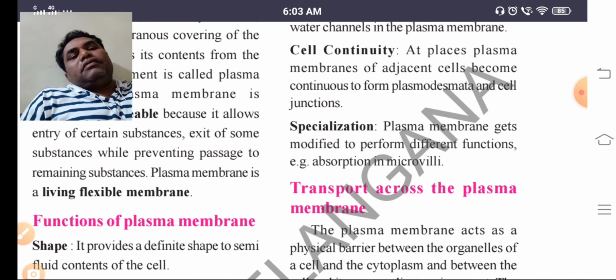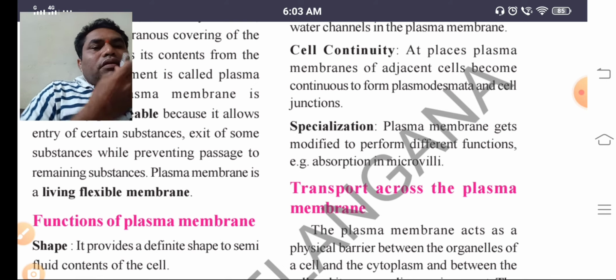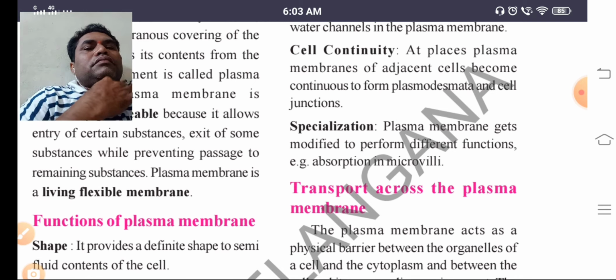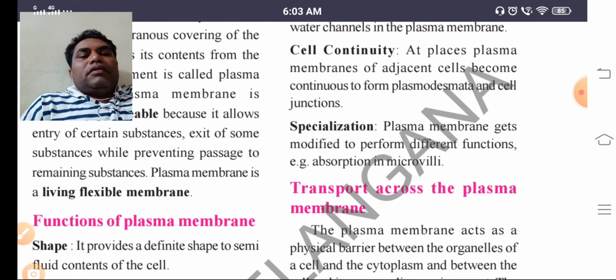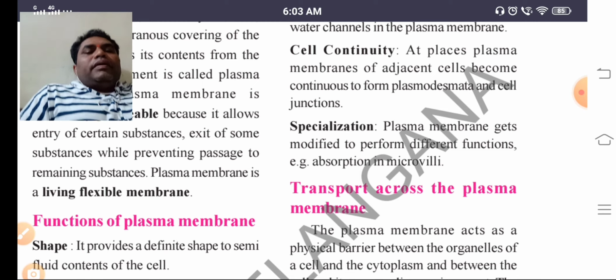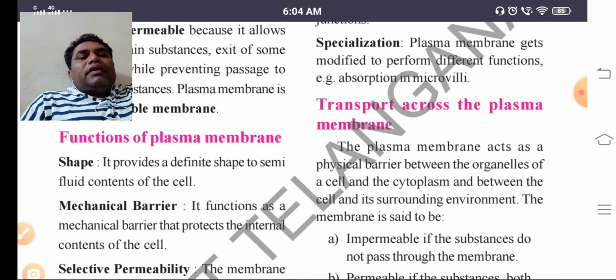Mainly we can see this in the absorption of microvilli. Here the plasma membrane forms villi or finger-like projections, then they can absorb the material. Next, transport across the plasma membrane.